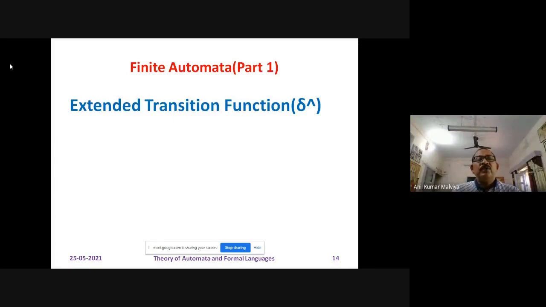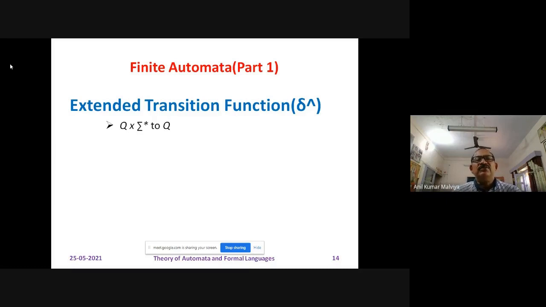Okay. Now, as we know, the transition function takes two pieces of information. First is the state, and next is a single symbol of the input alphabet. Now we are going to extend the transition function, and this function is called the extended transition function.